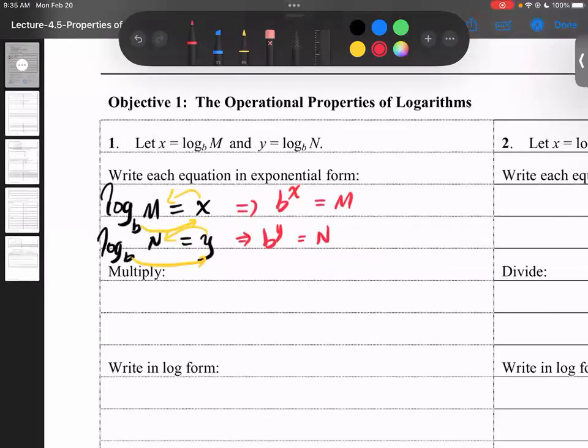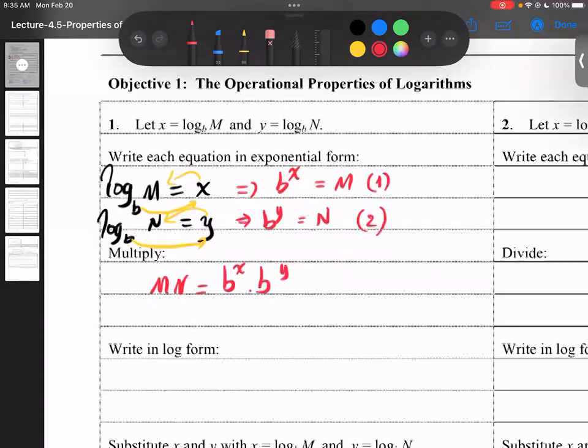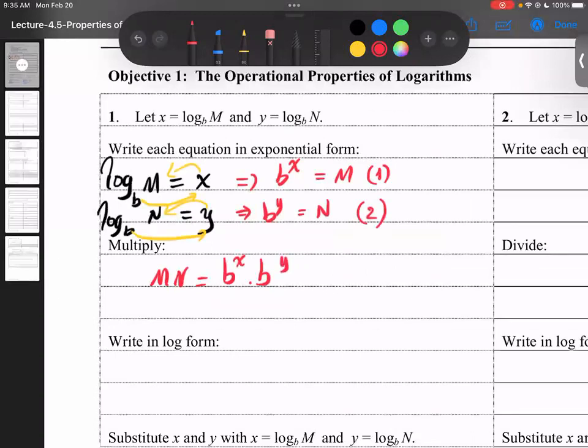Now I can multiply two of them together. I'm going to multiply this equation with this equation side by side. So m times n equals, multiplying the left-hand side together, b to the x times b to the y. M times n is nothing I can do.